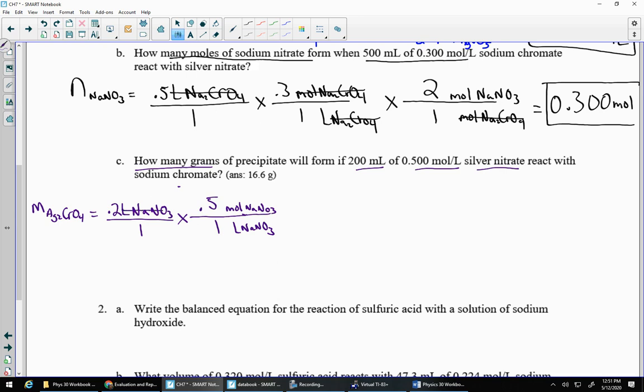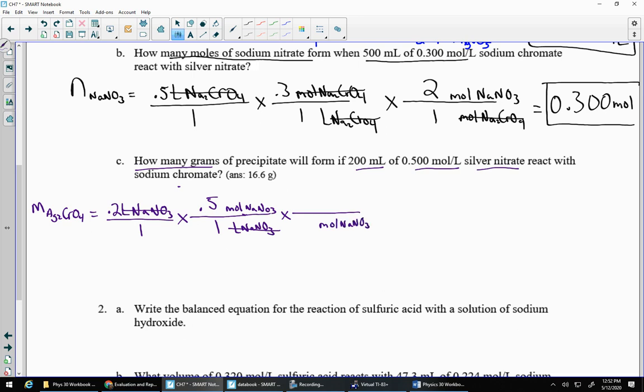We see liters of NaNO3 canceling with liters of NaNO3. Perfect. Now I've got my moles of NaNO3. Nice. Now I want to use my mole ratio because I don't really want the NaNO3. I want the silver chromate. So let's see, I'm going to cancel out moles of NaNO3.